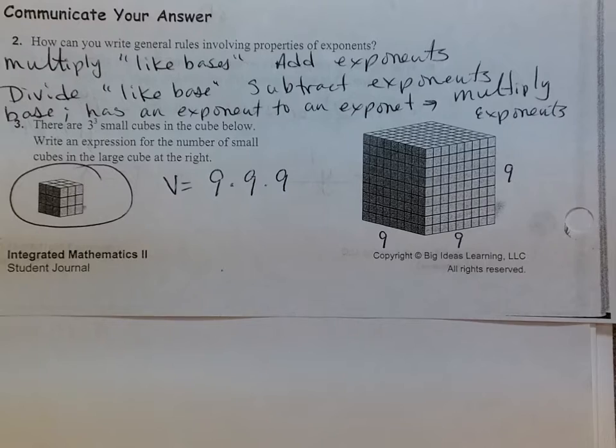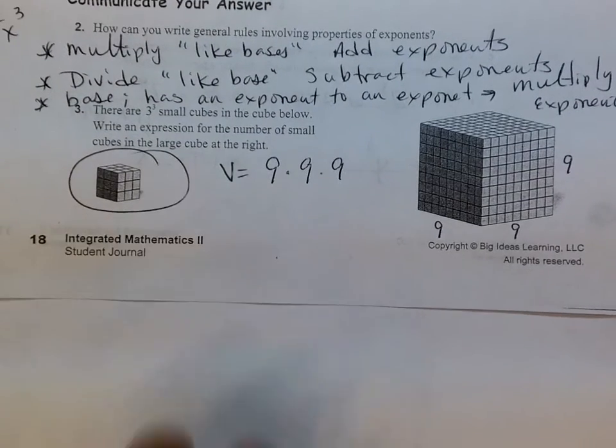Okay, so that's no big deal, but they really want me to do it in terms of 3's, right? So we can change this number into a 3. What would that be as a 3? 3 what? 3 squared. And this could be 3 squared.